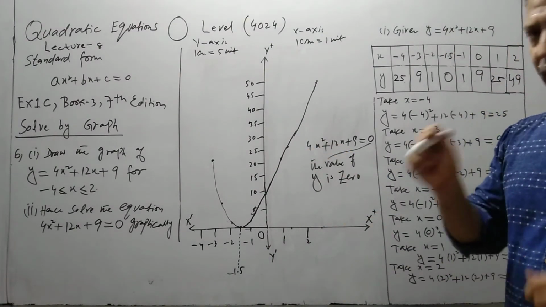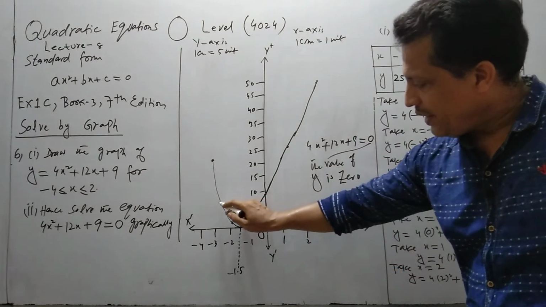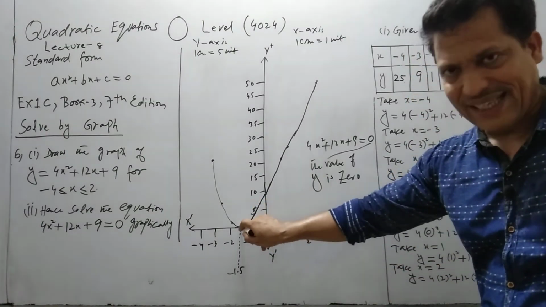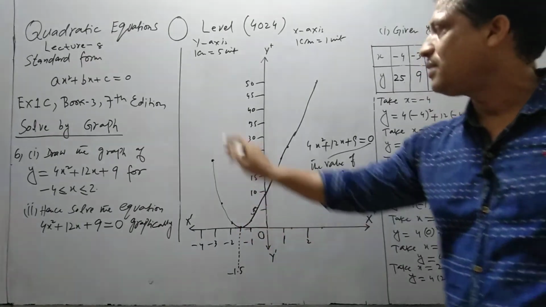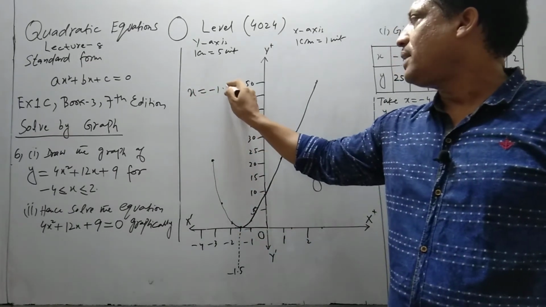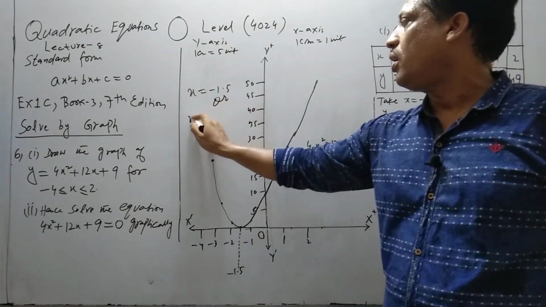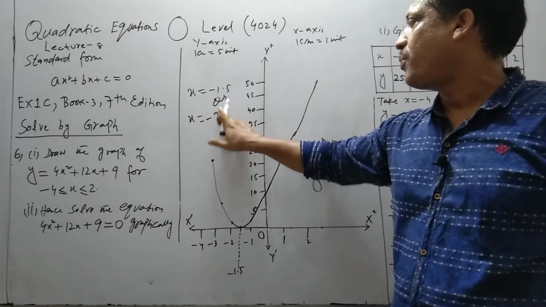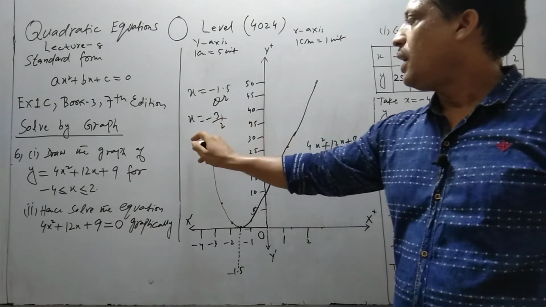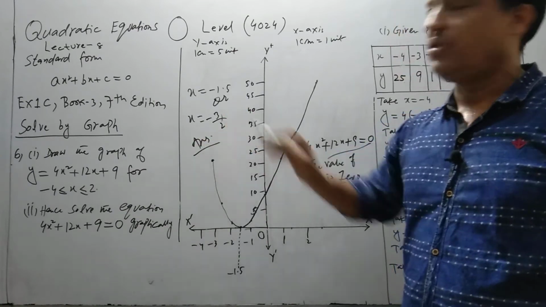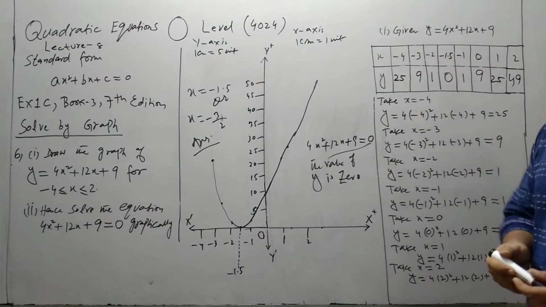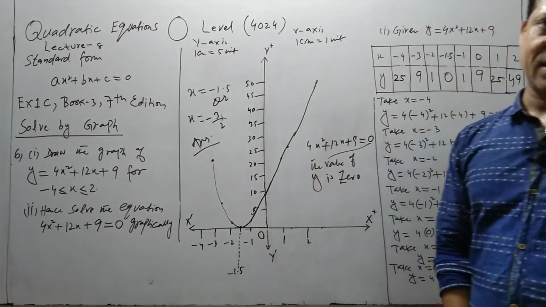If you see carefully, only one point crosses the x-axis, that is x is equal to -3/2. This is our solution. Why? Because there is only one value of x.